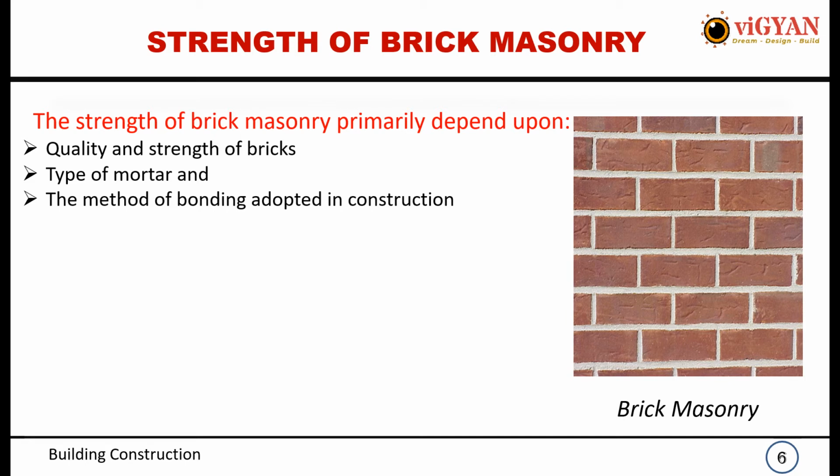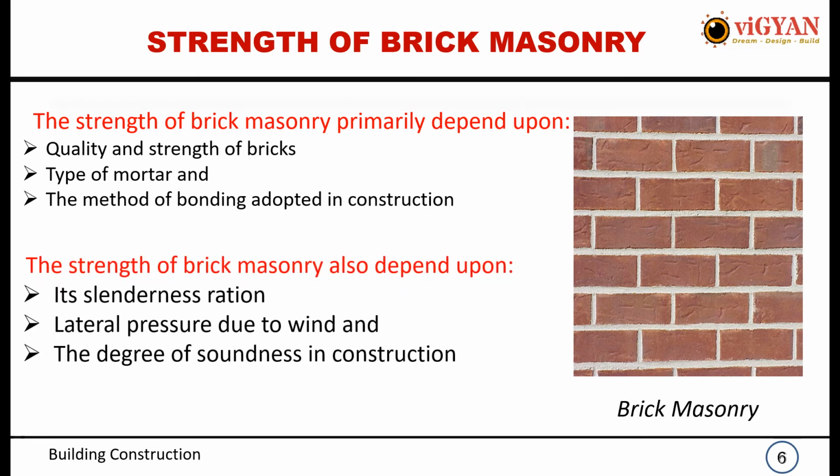And the method of bonding adopted in construction. Method of bonding includes the type of bond selected for masonry work, like an English bond will have more strength as compared to a Flemish bond for the same thickness of a wall.